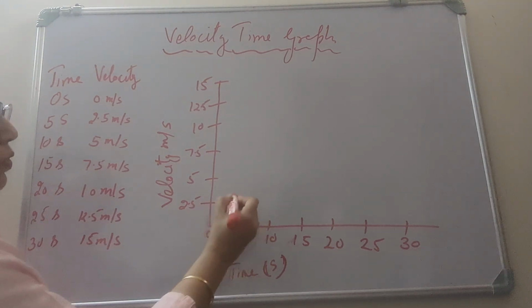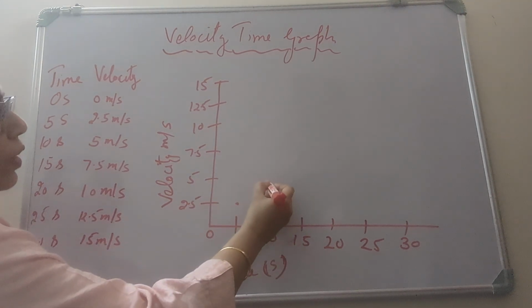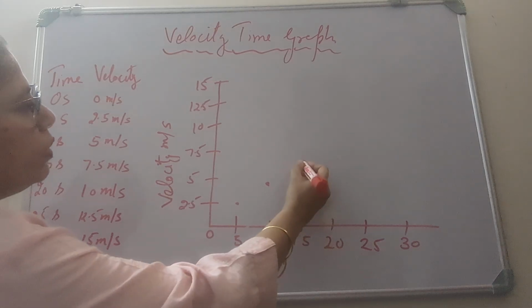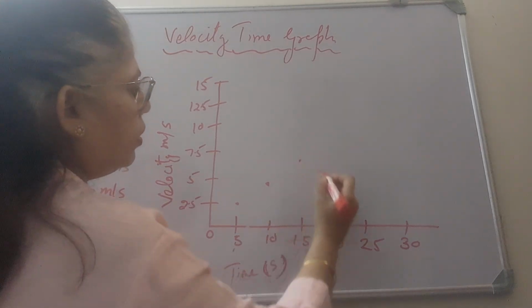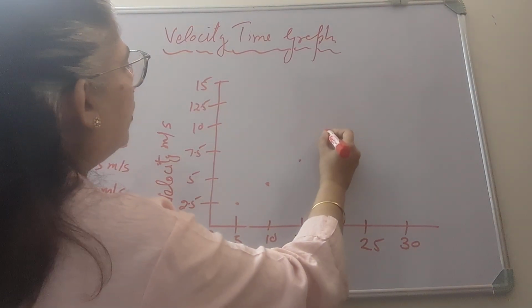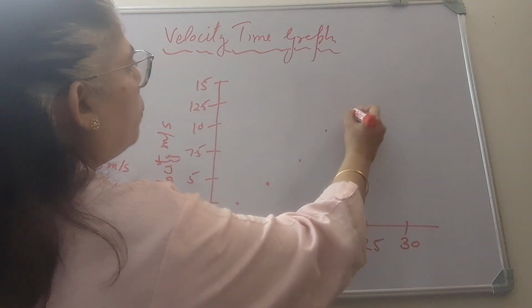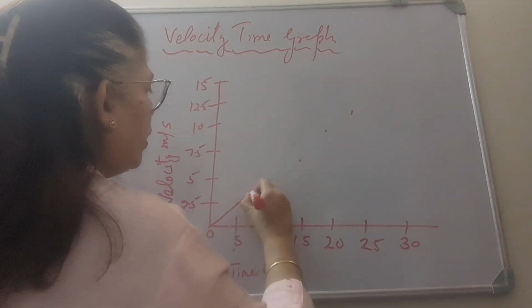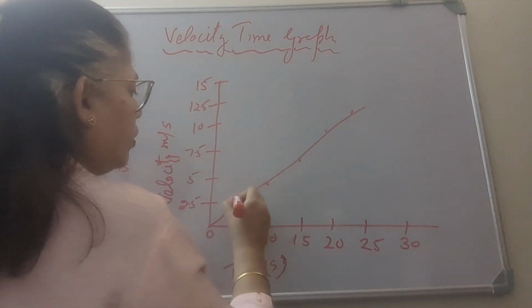At 5 it is 2.5, at 10 it is 5, at 15 it is 7.5, at 20 it is 10, at 25 it is 12.5. Here we have this kind of straight line.